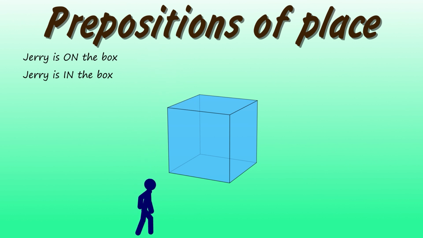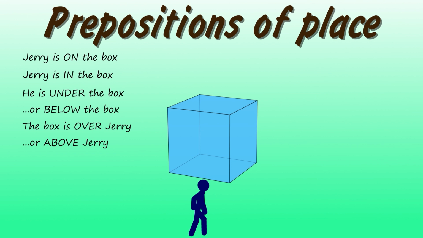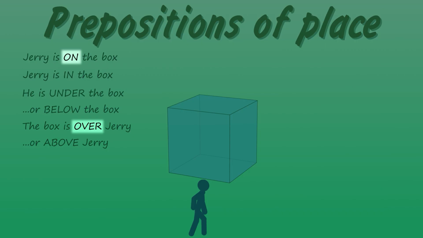If Jerry moves here, he is now under the box or below the box. And the box is over Jerry or above Jerry. The difference between on and over is contact.